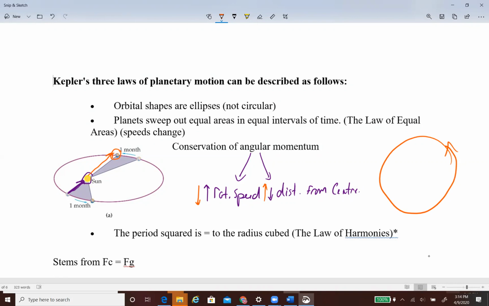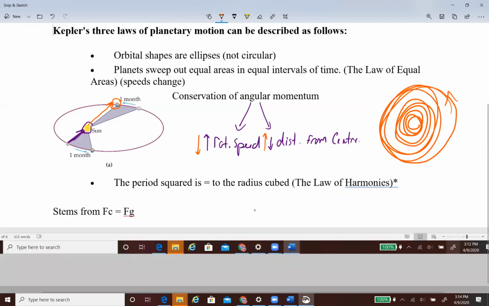But as it collapses, as the distance decreases, its rotational speed must increase to preserve that angular momentum. It's no different than the figure skater. If you've ever seen a figure skater spinning and pulling their hands in, they rotate at a faster rate. Okay, so Copernicus, because he thought the orbits were circular, thought also that the speeds did not change. So that's also a difference.